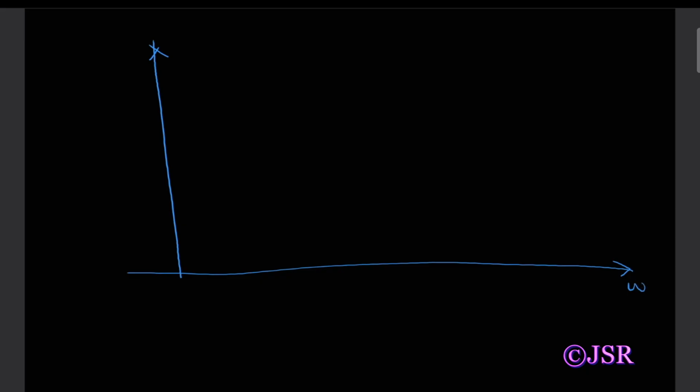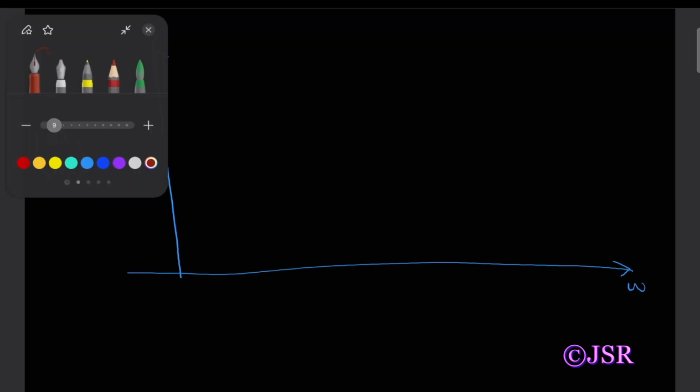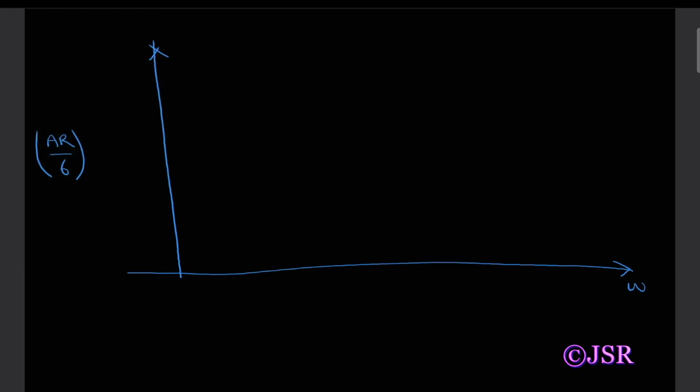The x-axis is omega, and the y-axis is AR by K. And we know when omega is less than the corner frequencies, the low frequency asymptote starts with AR by K equal to 1.